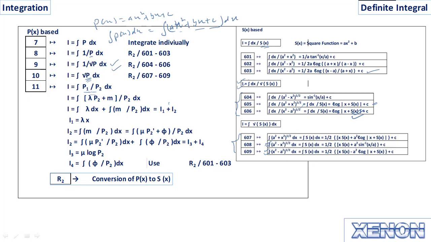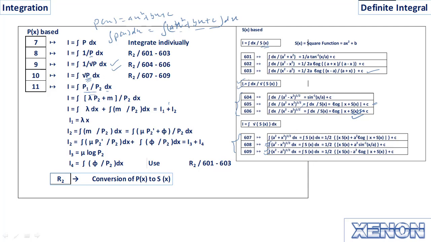Now, when we are getting the integration of the form I equals to integration of P1 upon P2 dx, here we are expressing P1x as lambda P2x plus m as discussed in the previous section. So when we express P1x as lambda P2x plus m, then our equation will be I equals to integration of lambda P2, and in the denominator the P2 will be cancelled.